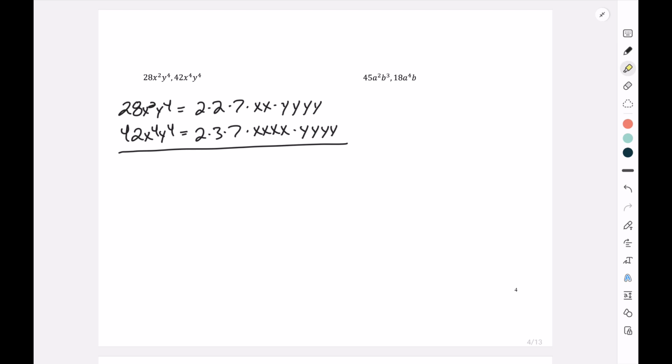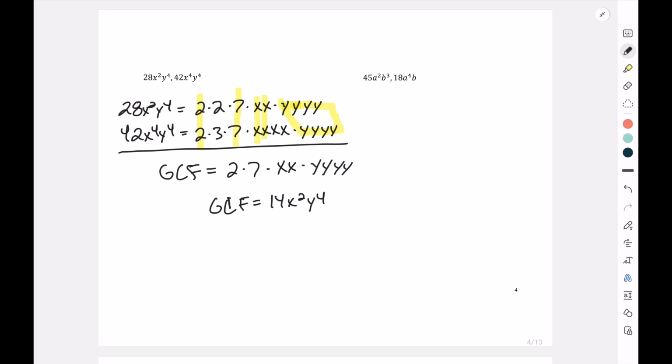And so anything that is in common with both of them, you would bring down as a common factor. So we can see that we have a 2 in common, a 7 in common, 2 x's, and all 4 y's are in common. So for our greatest common factor, we would bring down a 2 times 7 times 2 x's and 4 y's, and our greatest common factor would be 14x squared y to the 4th.